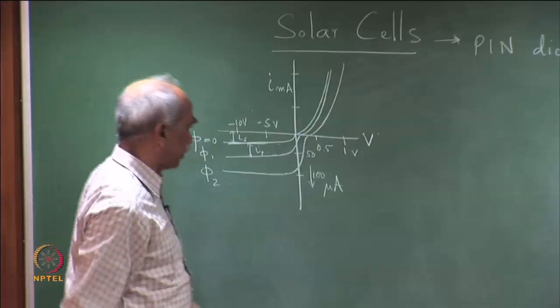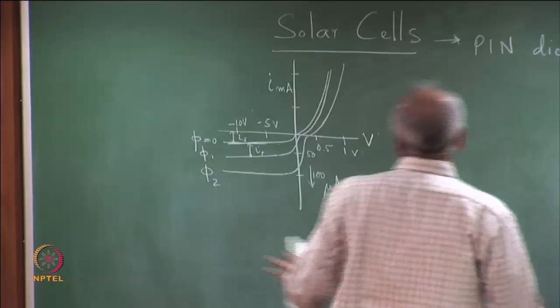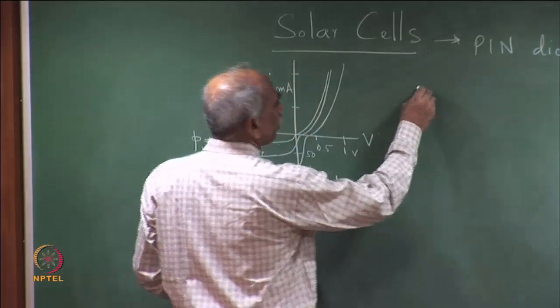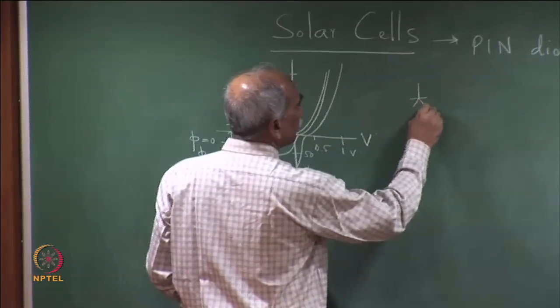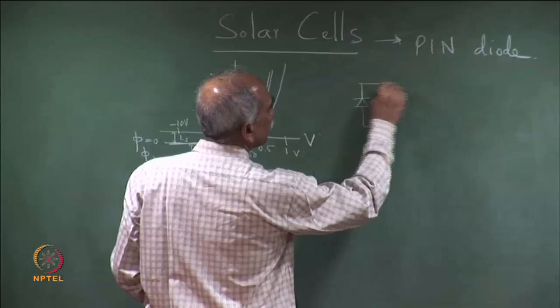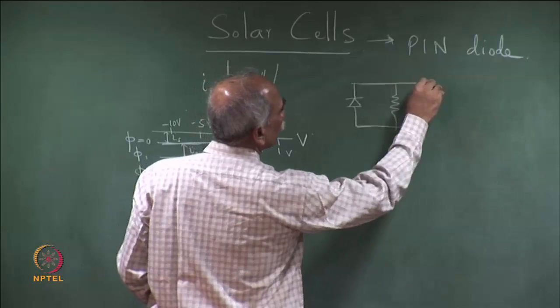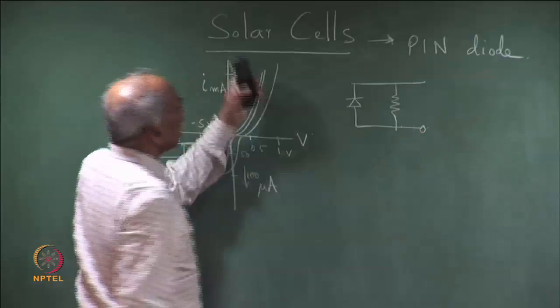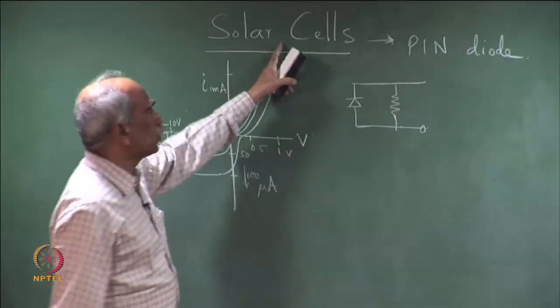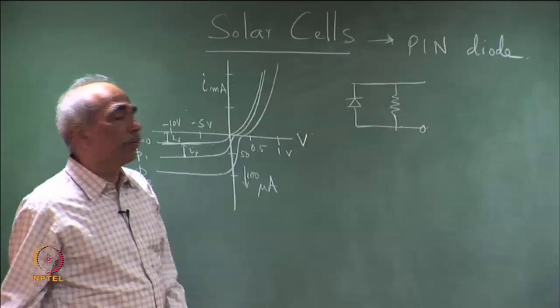and another incident photon flux phi 2. We recall that there are two modes of operation of a photodetector, which we have already discussed, the photovoltaic mode and the photoconductive mode. The solar cells are operated in the photovoltaic mode without applying any bias.